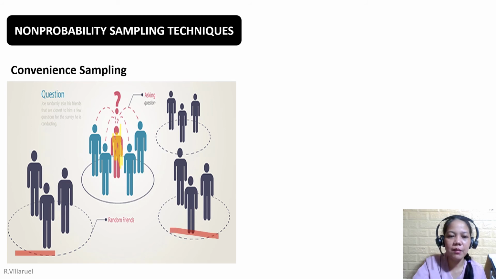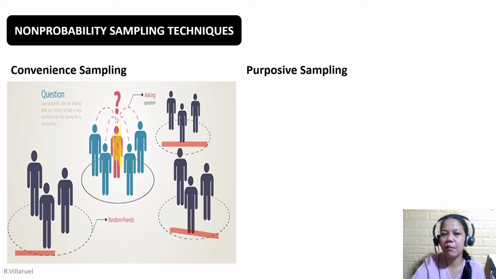Yan po ang kanyang mga random friends. And then, from that, kukuha siya ngayon ng sample. So, syempre, kung friends niya yon, mas madaling makakuha ng data. Mas convenient, mas magaan sa kanya. Okay? Another type of non-probability sampling is the purposive sampling.